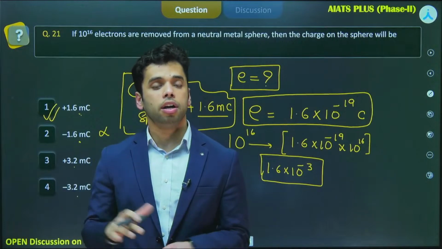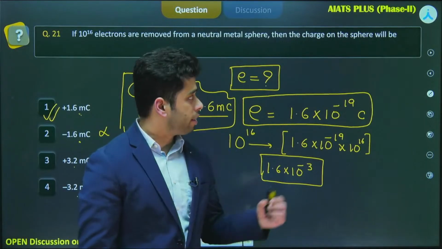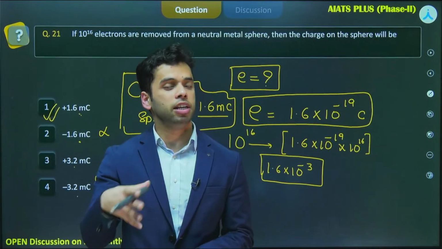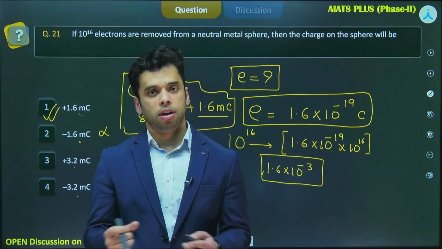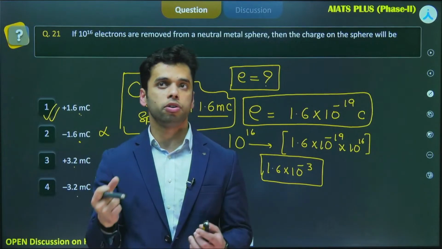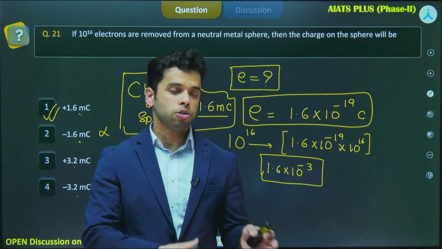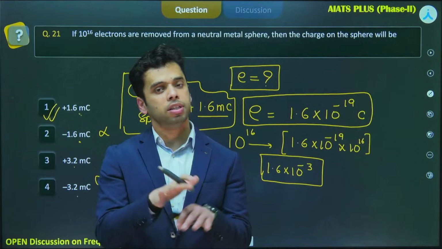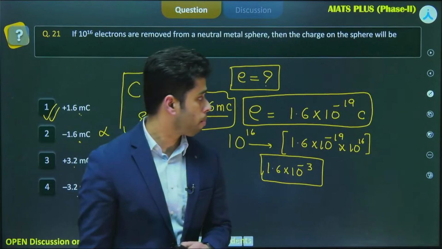Now if you're clear with this concept, tell me: if I am removing the electron, whether the mass of the sphere will increase or decrease. I'll repeat my question. If I'm removing the electron from the neutral metal sphere, the mass of the sphere, whether it will slightly increase, slightly decrease, or remain the same. Anyone can put the answer in the comment box.